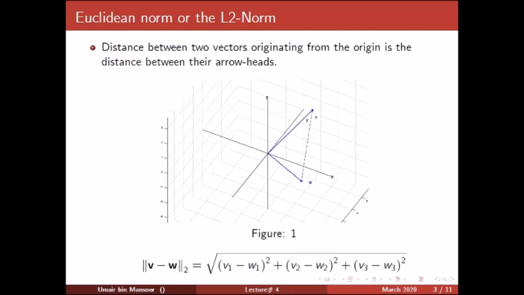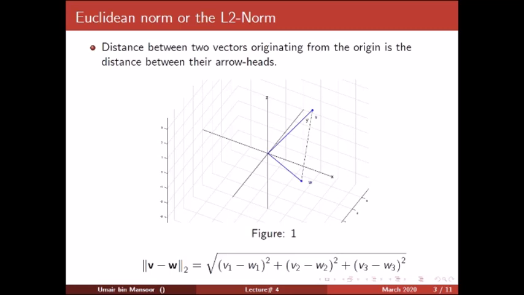For example, since we are talking about R3, each vector will be represented by an x component, a y component and a z component. So in the distance formula, we are going to subtract the respective elements of the two vectors.